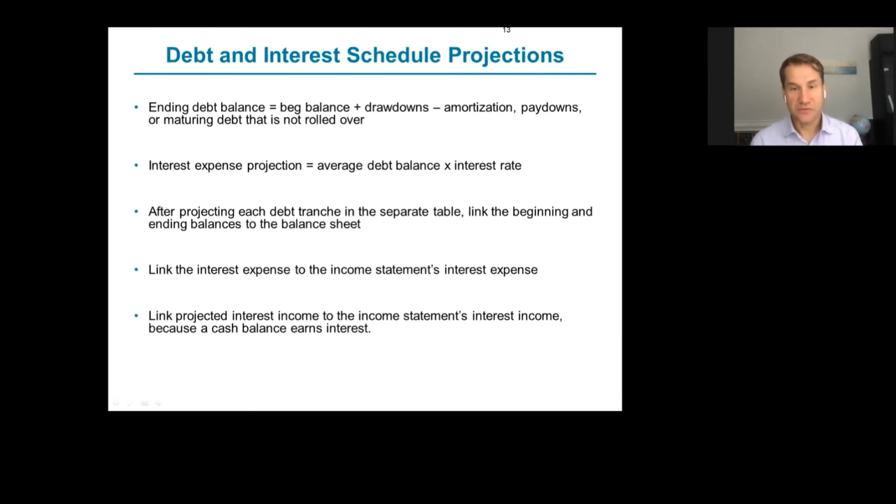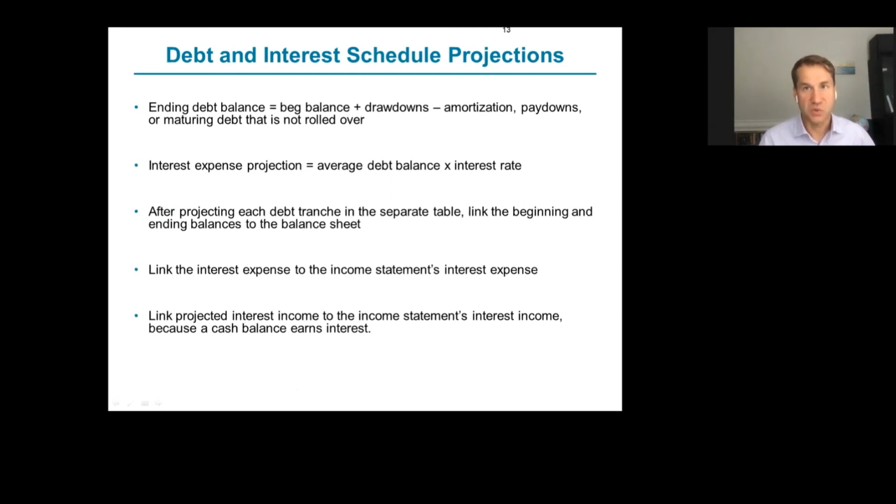So once we've set up the 3 financial statements, we'll have supporting schedules. The debt schedule is one of them. And different tranches of debt will all be laid out similarly in the sense that they'll have beginning balance, and then they'll have drawdown or pay down.